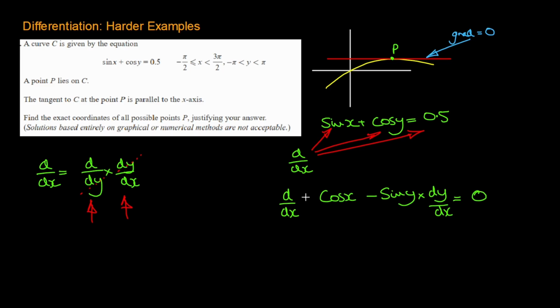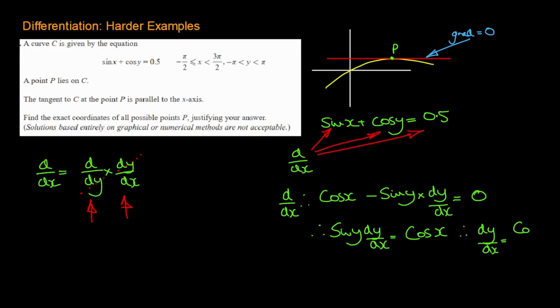Maybe I shouldn't write the equal sign there, maybe I should just say therefore, because we formed a differential equation from our function equation. So therefore sine y dy by dx is equal to cos x. Dividing both sides by sine y, we get dy by dx is equal to cos x over sine y.